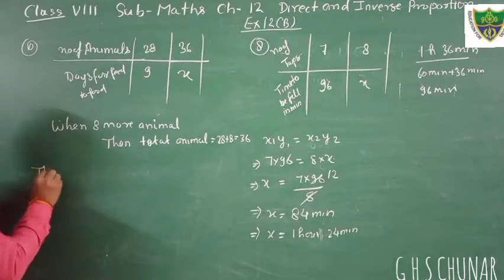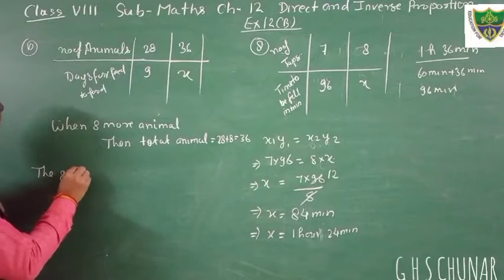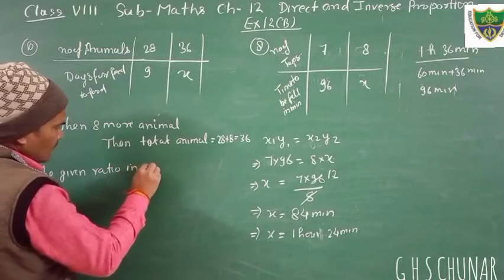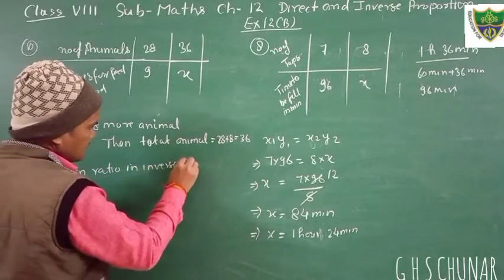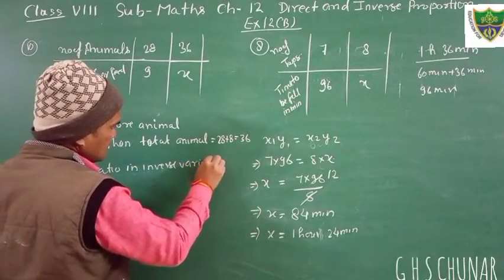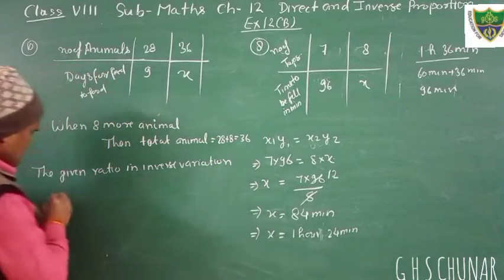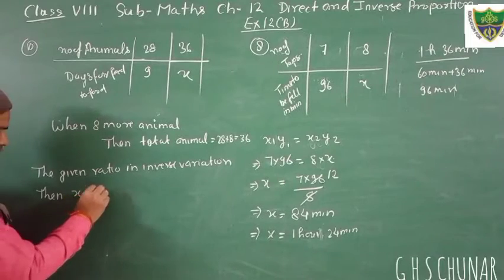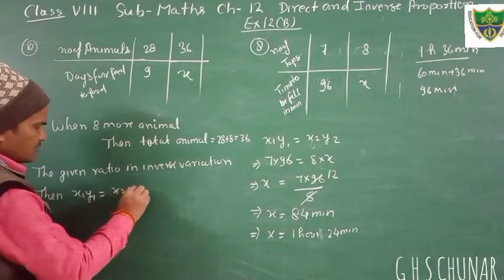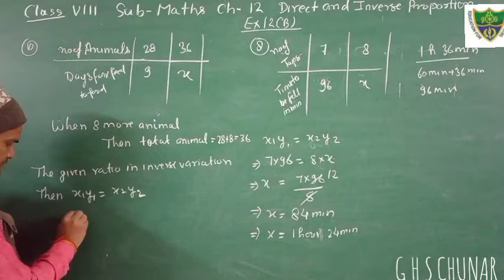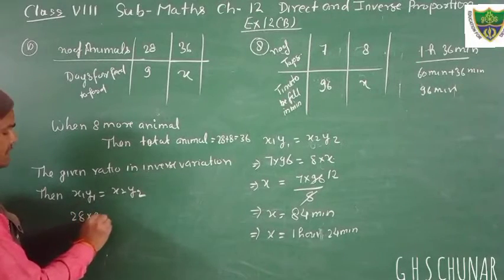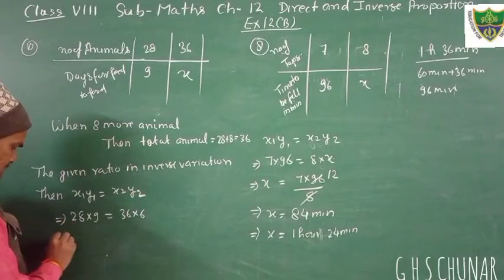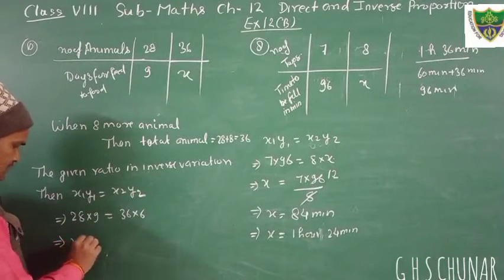Now the given ratio is in inverse variation, then x1 y1 is equal to x2 y2, that is 28 into 9 is equal to 36 into x.